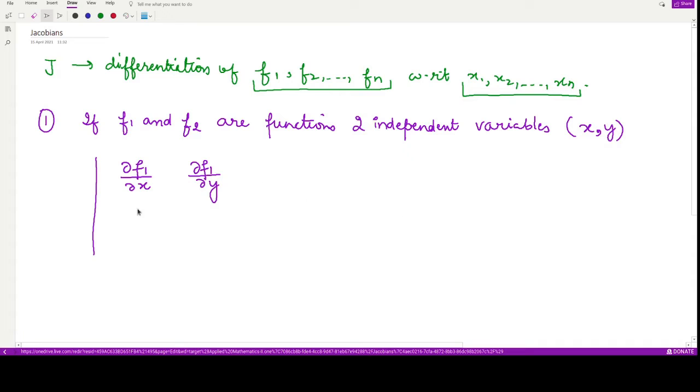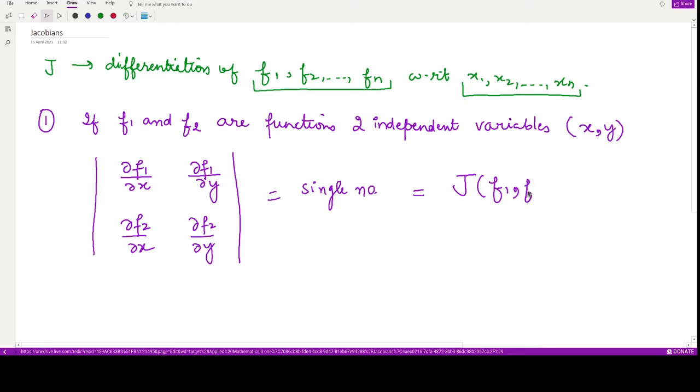Then we have the partial derivative of f2 with respect to x and with respect to y. When you take the determinant of this quantity, it is a single number, right?